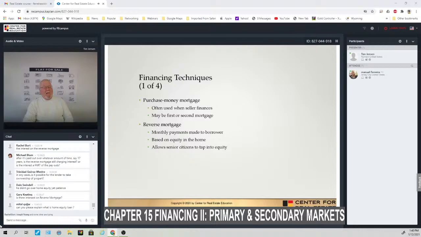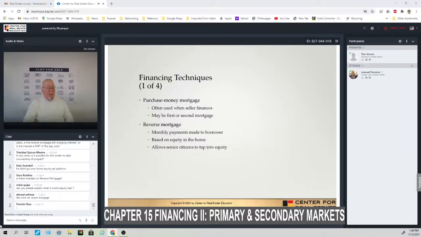So if she takes the 17 years and still stays in the house, does that mortgage still generate interest against it? The answer is yes, until it's paid back. I don't know about the rest of your question. Is it possible for the lender to take ownership of the property? If they default, they may foreclose on the property.